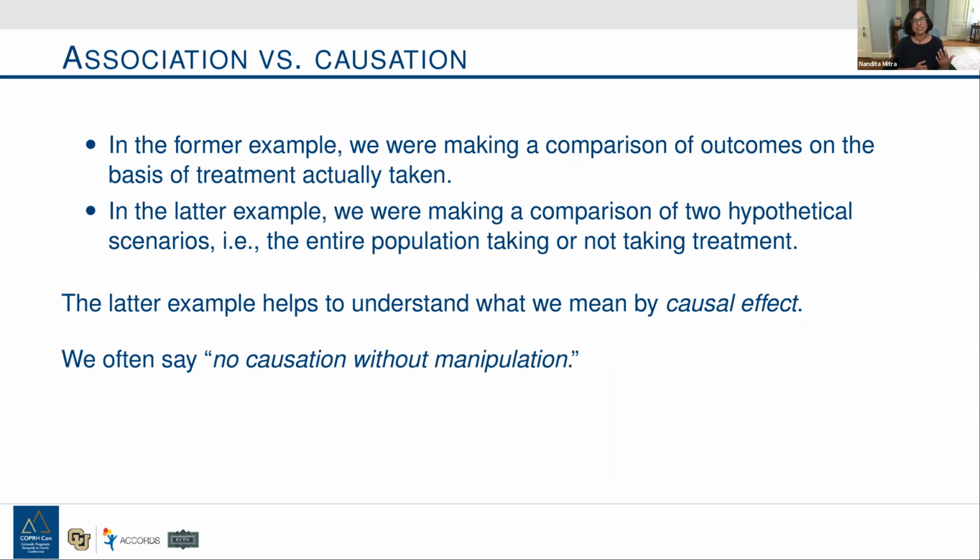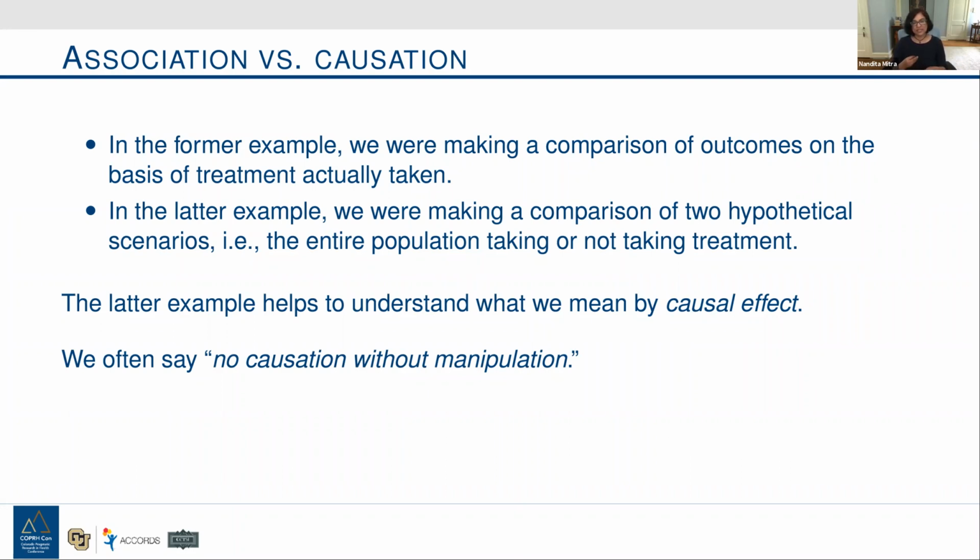But here, just to summarize what we said, in the first example, we were making a comparison of outcomes on the basis of treatment that was actually taken. But in the second example, where we were talking about causality, we were making a comparison of two hypothetical scenarios. So there's the entire population taking or not taking that intervention.